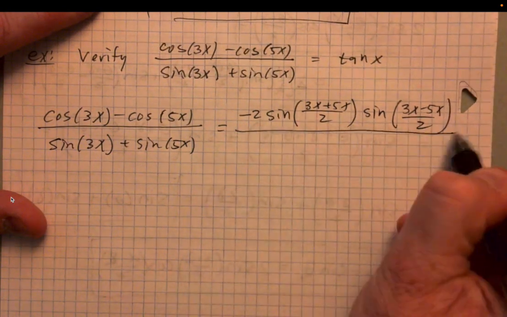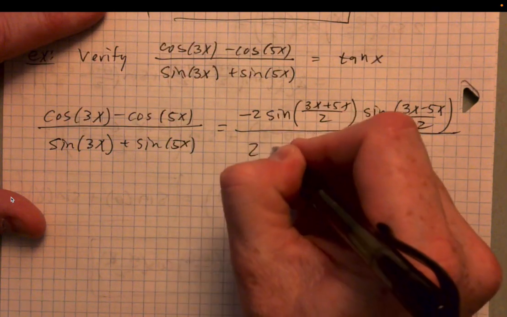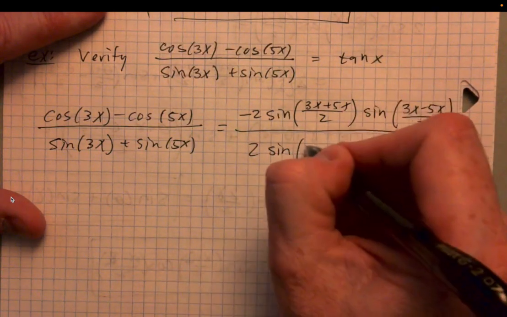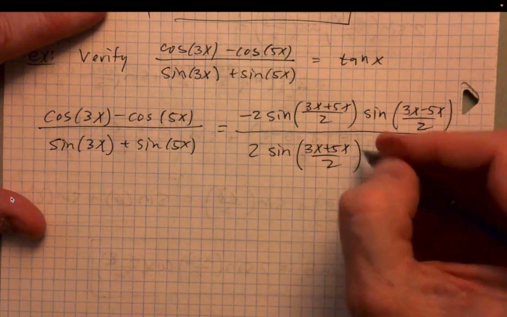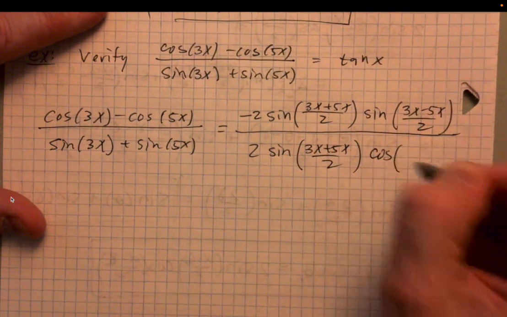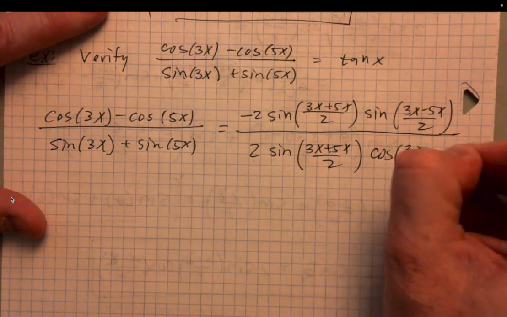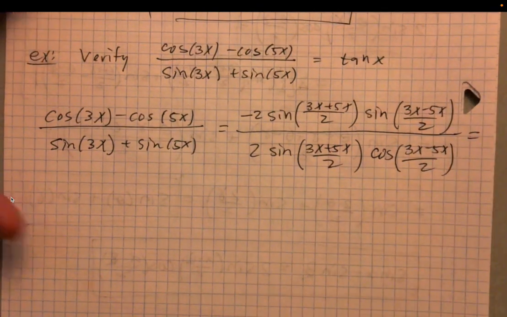So that's the numerator. We could do something similar for the denominator, and we get 2 times the sine of 3x plus 5x over 2 times the cosine of, and then for the cosine it's alpha minus beta, so it'll be 3x minus 5x over 2. All right, so we get that.